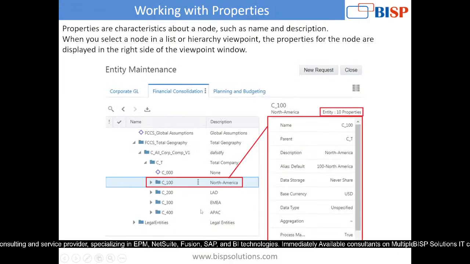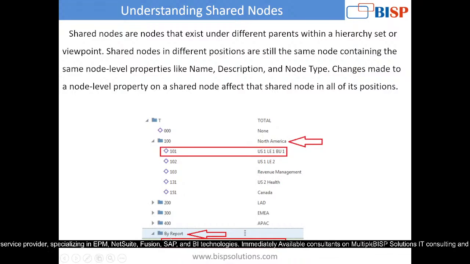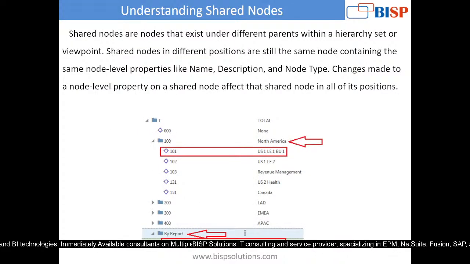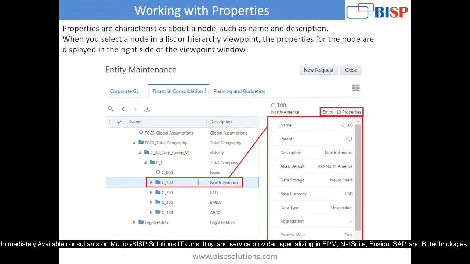I want 101 to come in as a shared member, or in the vocabulary of EDMCS, a shared node. This is a feature we can also do. And one more thing, we have to enable it when we register an application, and then we have to create it also.